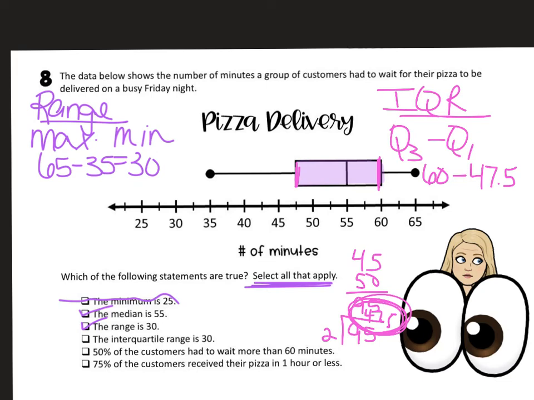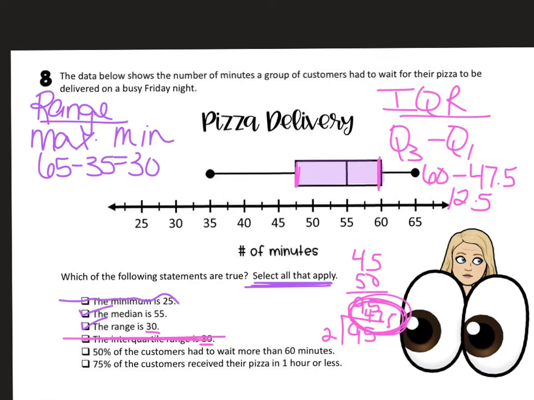So I'm going to do my 60 minus my 47.5, and that gives me 12.5, which is not going to be true for the interquartile range. And actually, notice how it says the range and the interquartile range are both 30. That's impossible. So you could have known that only one of those was going to be true.